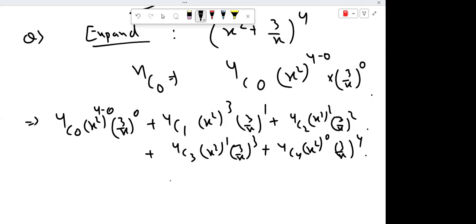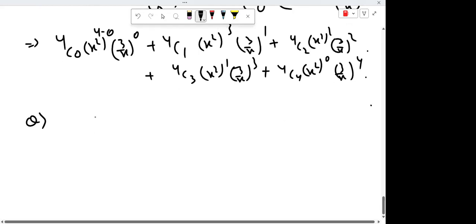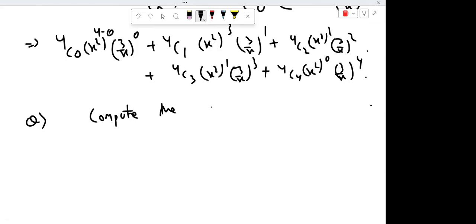All right, let's solve one more question. We are saying compute the following: 98 to the power 5.